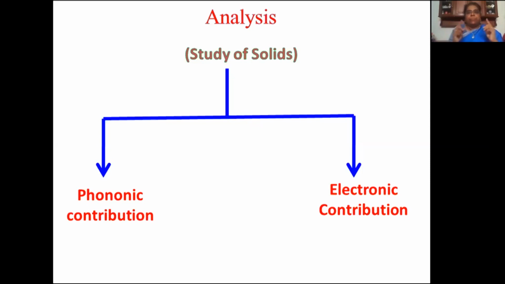So any theory that you propose, maybe you try to understand the thermal conduction of the solid, electrical conduction of the solid, or anything of the solid, then the theories are proposed to understand that particular property. These theories should first of all keep in mind that the nature of the atomic arrangement, or the lattice, is different from free electrons.